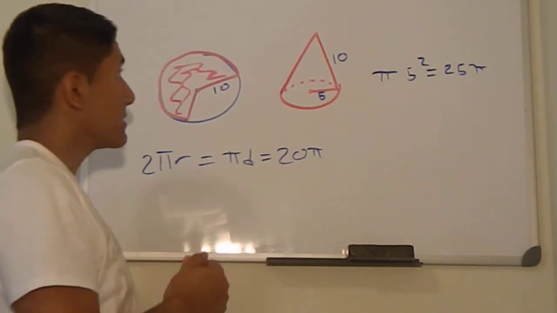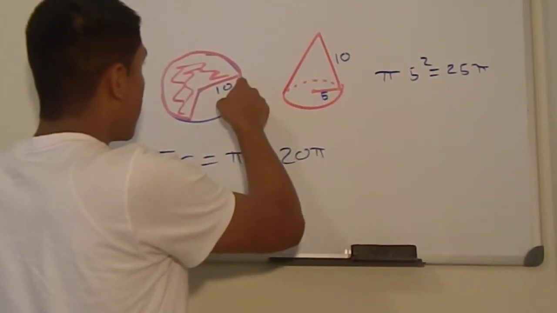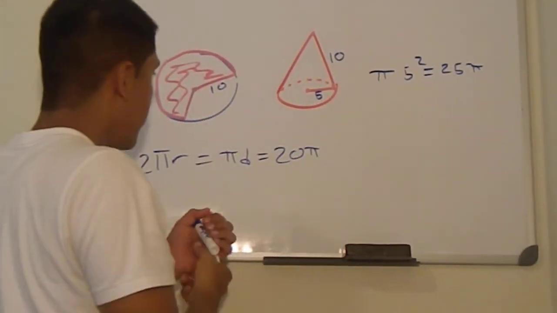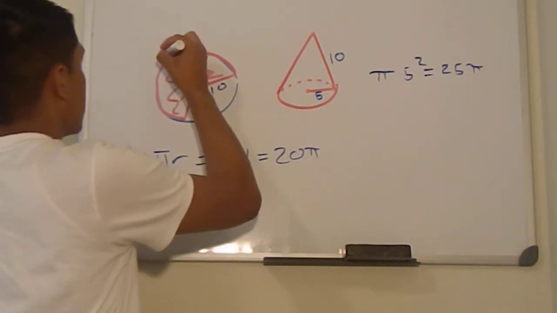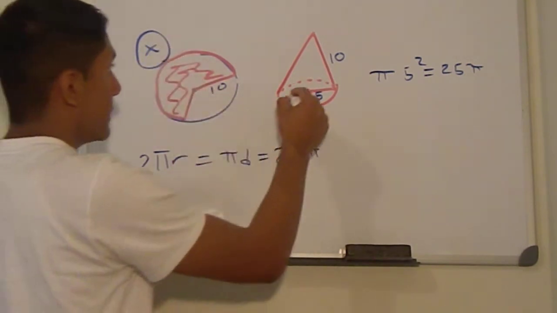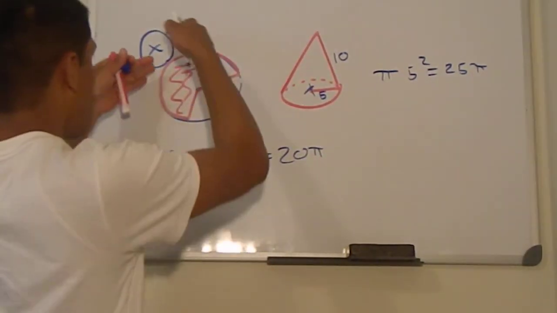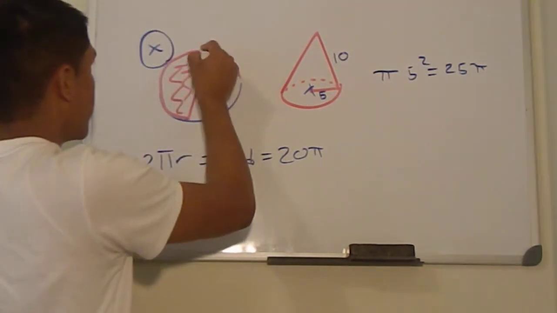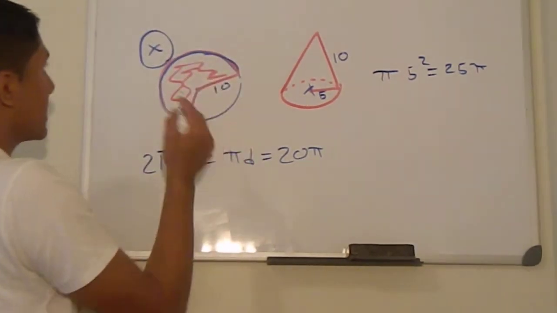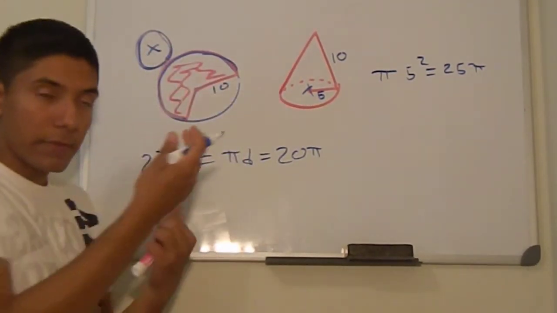The way we do this is, this part here, if you think about it, this face here is this bottom piece. And when you roll it up, this here is the same length as this here, because that's where it came from, right? If you could picture that.